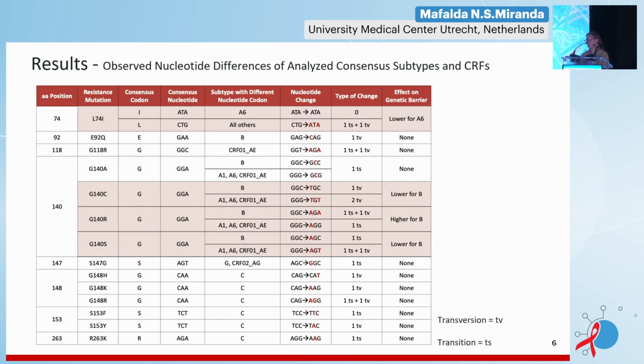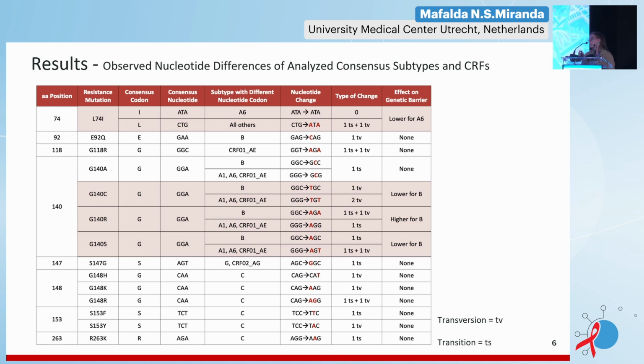However, in this table, we presented the nucleotide differences that were analyzed among the consensus subtypes and CRFs. And we can see that in the white lines, those related codons present synonymous differences. However, it's not affecting the genetic barrier to resistance.